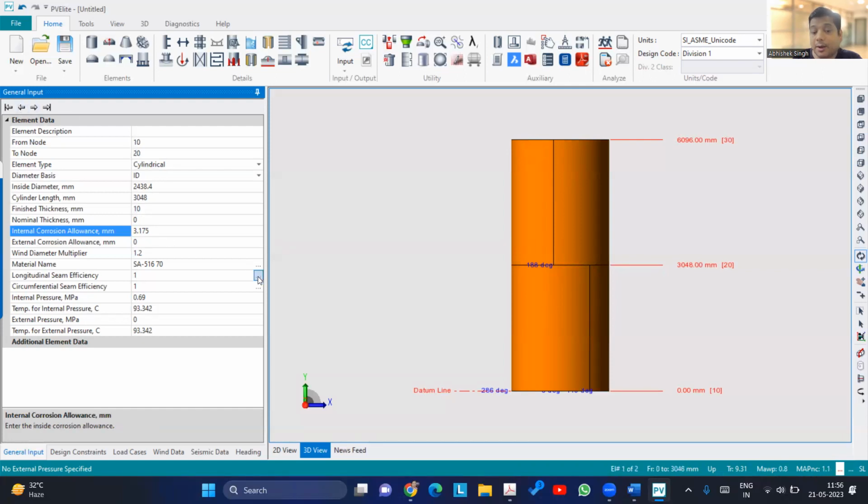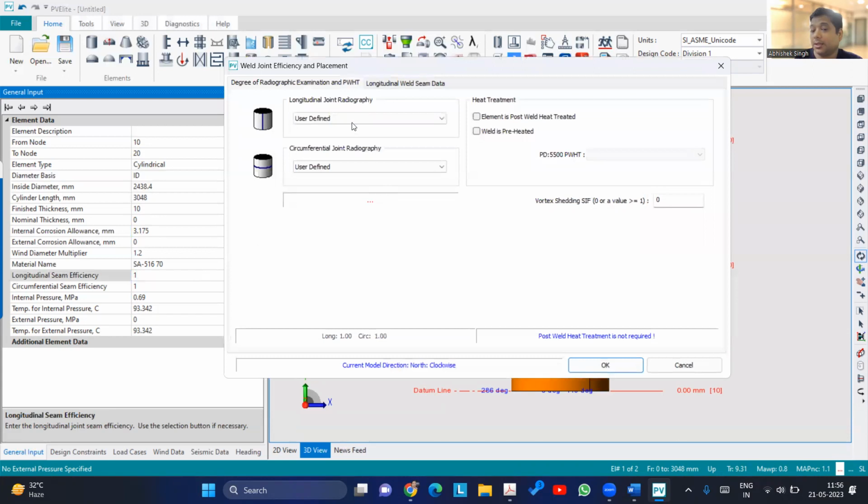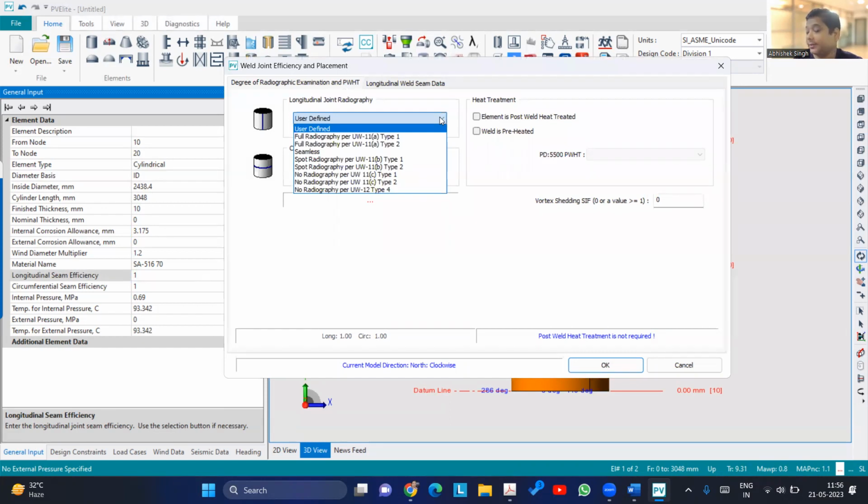Now, this is my joint efficiency. If I just click on this, you can have a different requirement based on this data, for different types of radiography. You can mention it for long seams and circumferential seams.